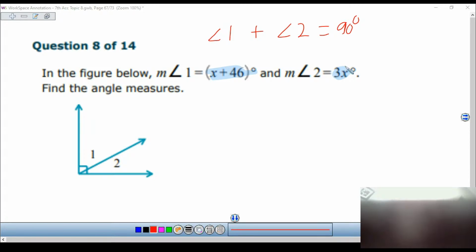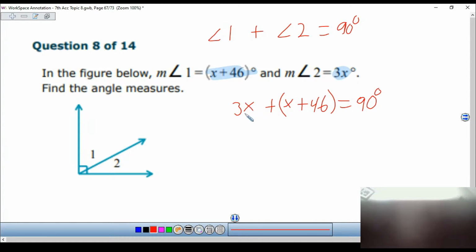So what we have to do is add these things together and put it equal to 90. So we're going to go with 3x plus x plus 46, right? And that's all equal to 90 degrees, okay? Now, the thing about this is we need to just solve this for x, and that's going to help us find our angles because we can put x back into the place for these angles.